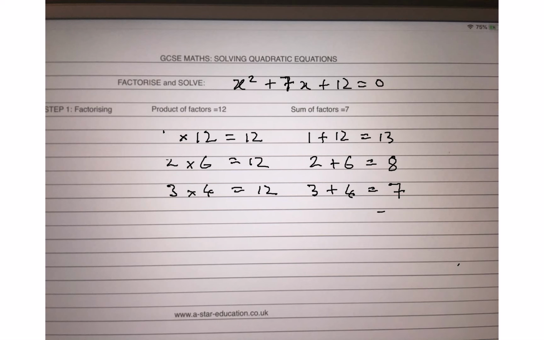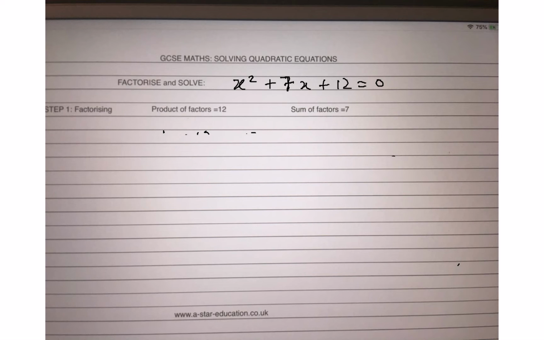All right, so we're going to use 3 and 4 together with brackets and x. So we're going to have x plus 3 and x plus 4, and we're going to equate these to 0, because if you were to multiply that bracket times that bracket, we should get back to this original equation.